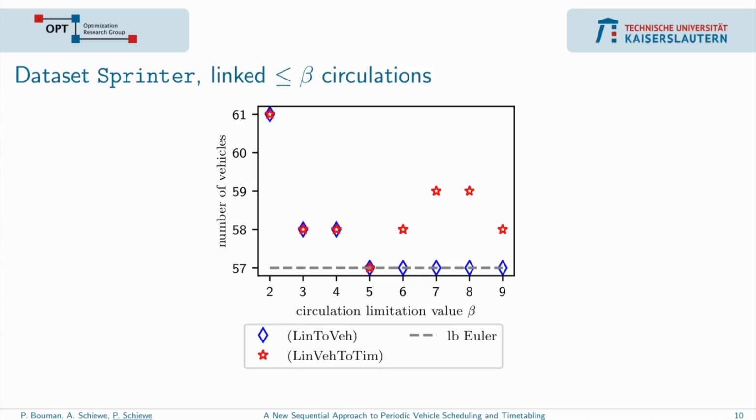So first of all, we see that the number of vehicles needed according to the vehicle scheduling stage is decreasing monotonically with increasing beta, which is of course clear because the solution space increases. However, the number of vehicles after the timetabling stage is increasing again because for these solutions later on we are actually using circulations containing more different lines.